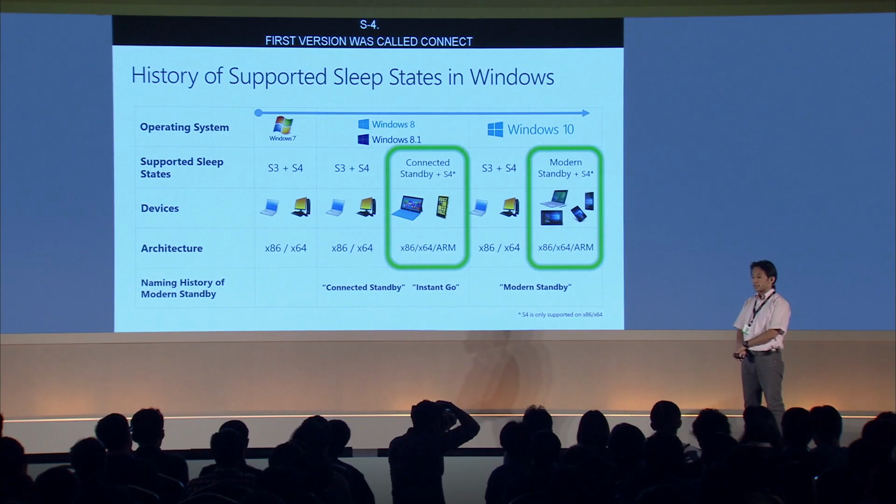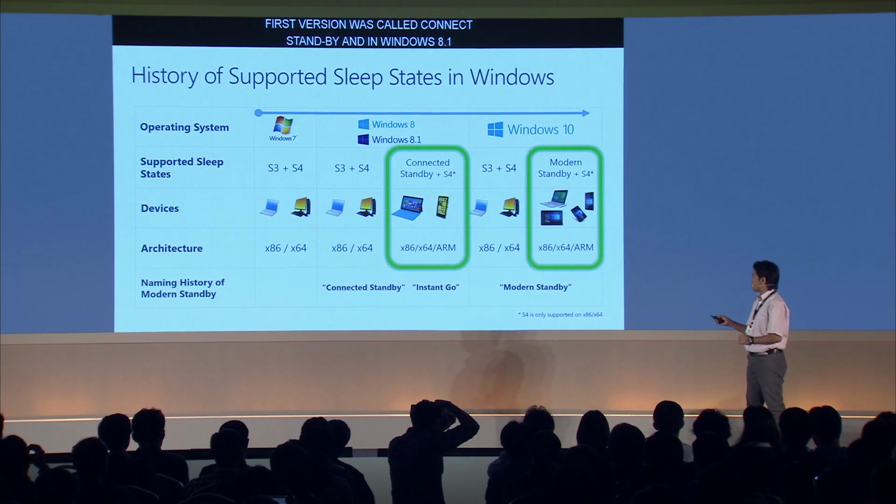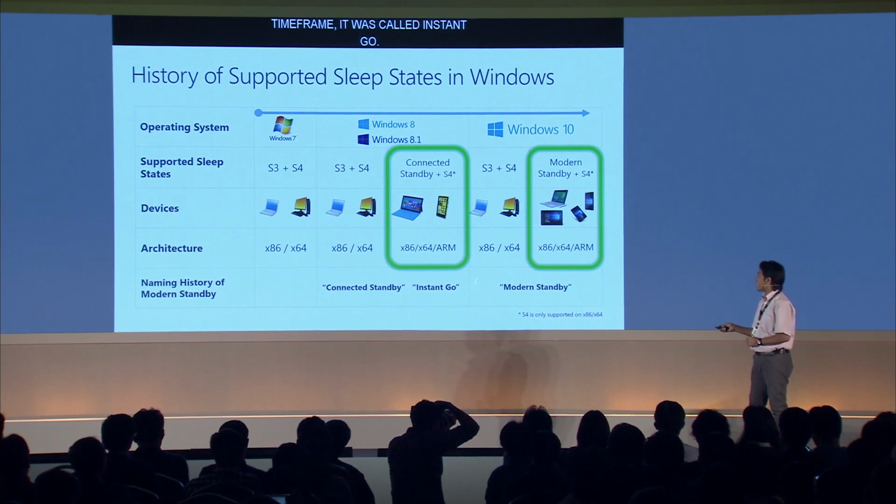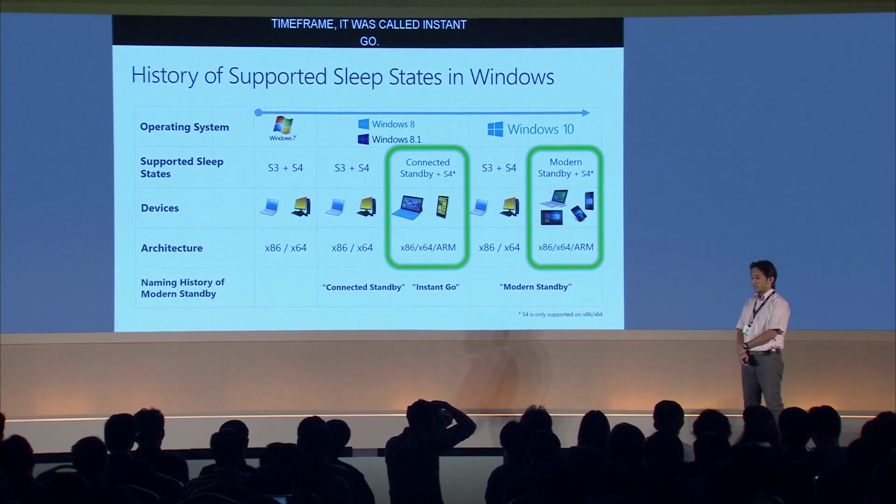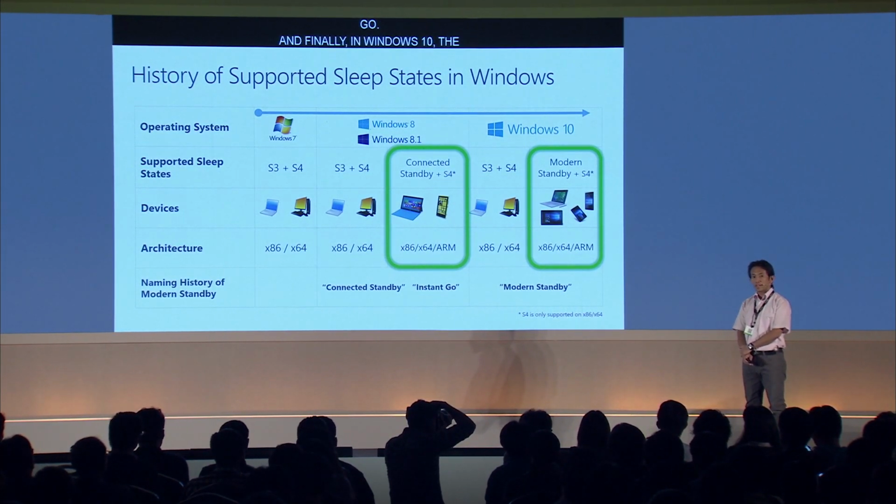And finally, in Windows 10, the naming has been unified to Modern Standby. As you can see, we're shifting from traditional S3 to Modern Standby. Both Intel and Microsoft are working closely to make all PCs support Modern Standby in the near future.